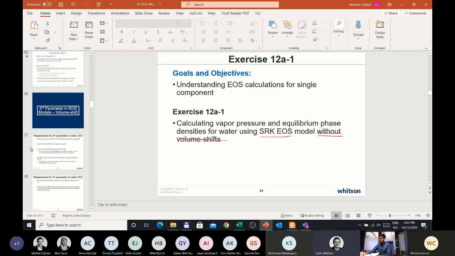I think you have some of that in PVTSim and in the KBC Multiflash software, but not reservoir simulation. I still haven't seen whether the CPA gets the compressibilities correct. I don't think it does.